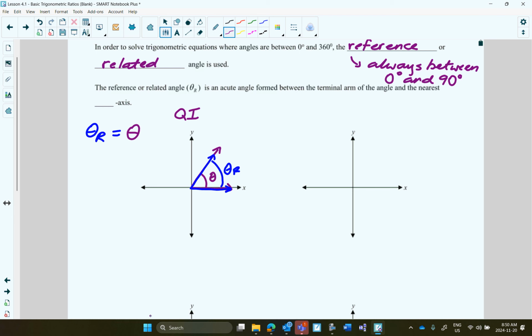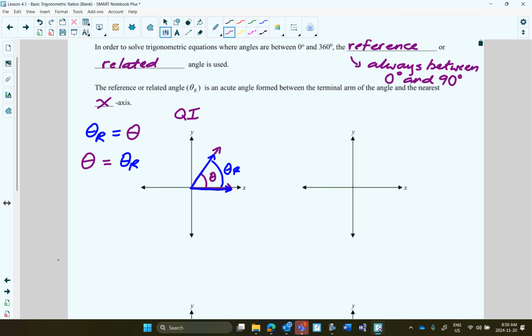Or the other way around, if we're given the reference angle and asked to find the original, they're the same. Sorry, I should have added the nearest x-axis here. So they're always the same in quadrant 1. In the other quadrants, they're different.